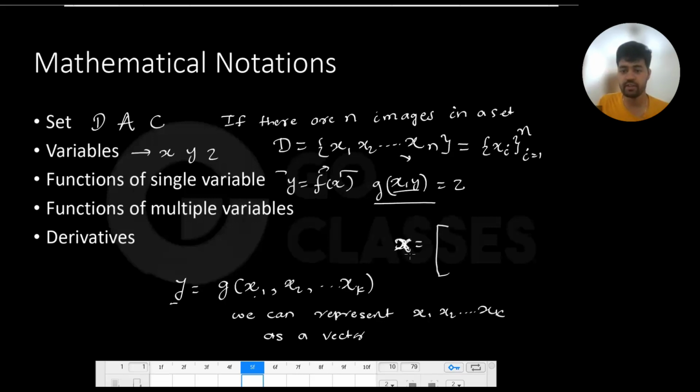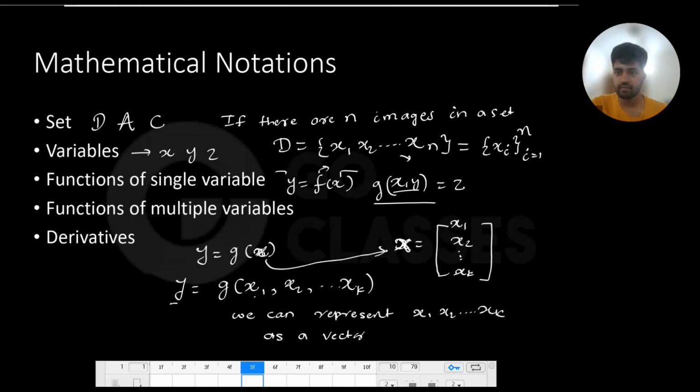If you find any machine learning books, it will be X in bold or something like that. And I just write these numbers as a column in a matrix, x1, x2, and so on. So y is a function g of x1, x2, up to xk, and I'm writing this now as a vector x. So I can just say y is equal to g of this x.